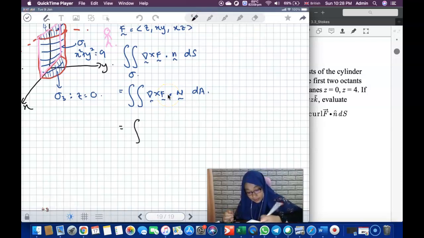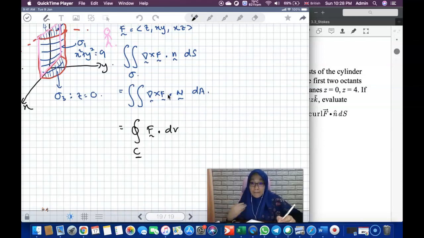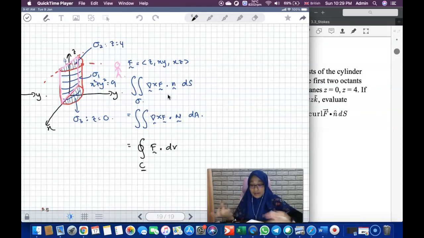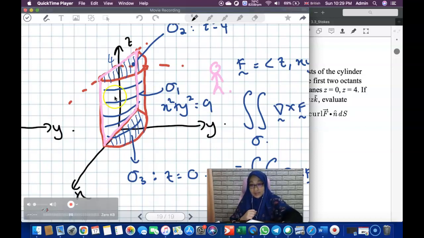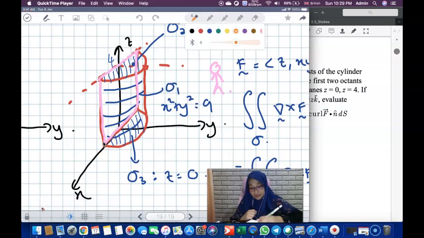You have to use the line integral over a closed curve C, F dot dr. F is given and dr comes from r, the vector function of the curve C. But then you have to ask yourself, how many curves do you have along this line? You have 4, right? So this one, maybe we call it C1.